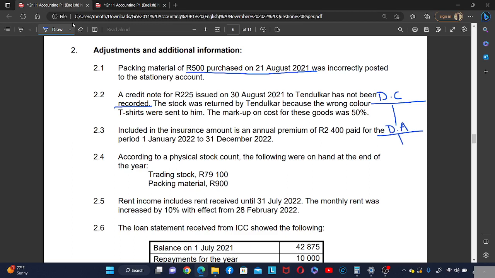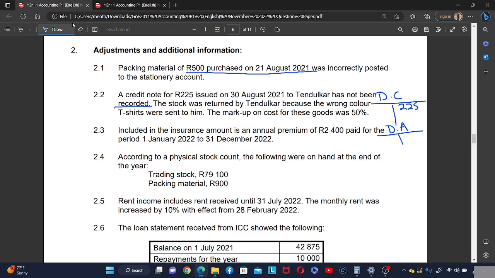When a debtor returns the goods, what is going to happen to the money that a debtor is owing us? It is going to decrease. So the debtors control must decrease, by 225.